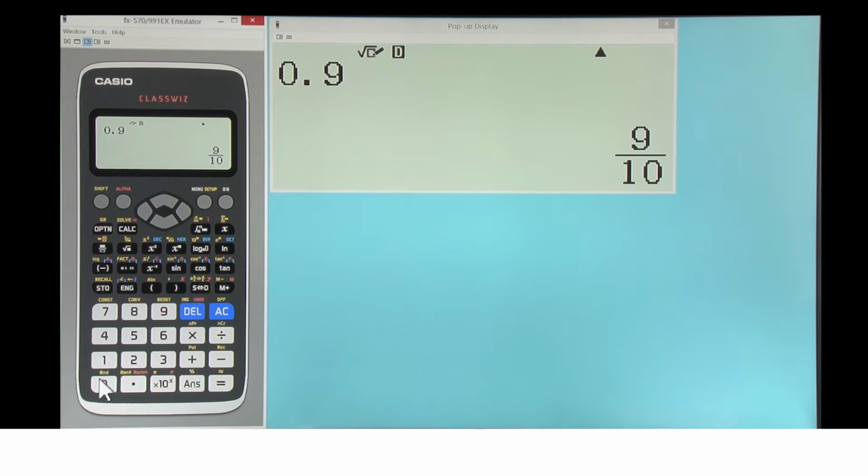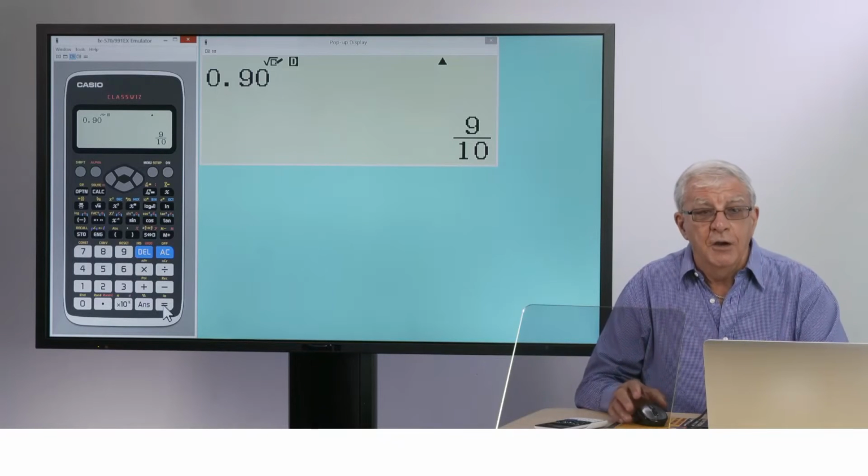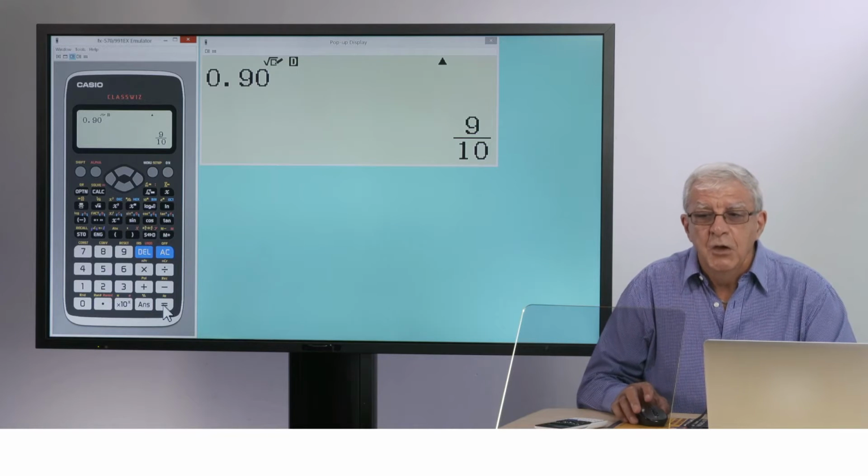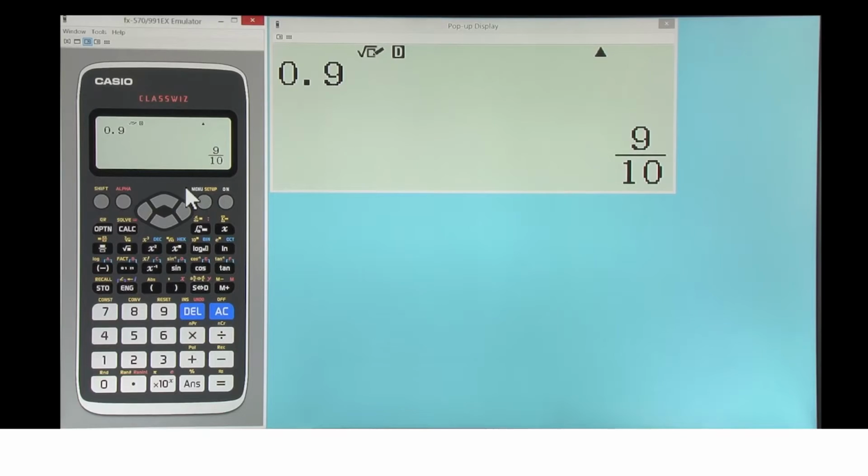Notice that 0.90 gives the same fraction, although some students think that 90 is larger than 9, so that 0.90 should be larger than 0.9.